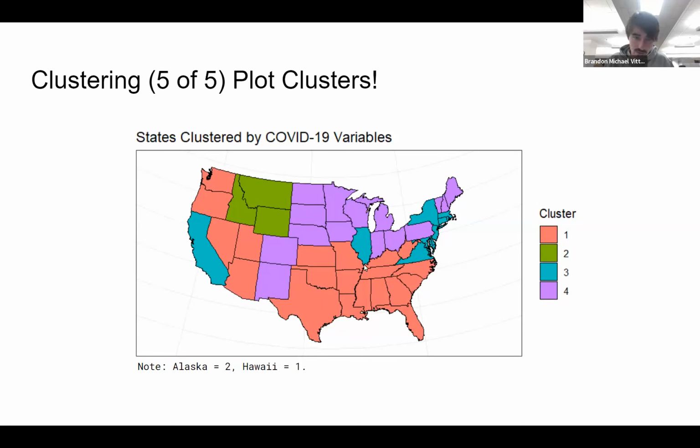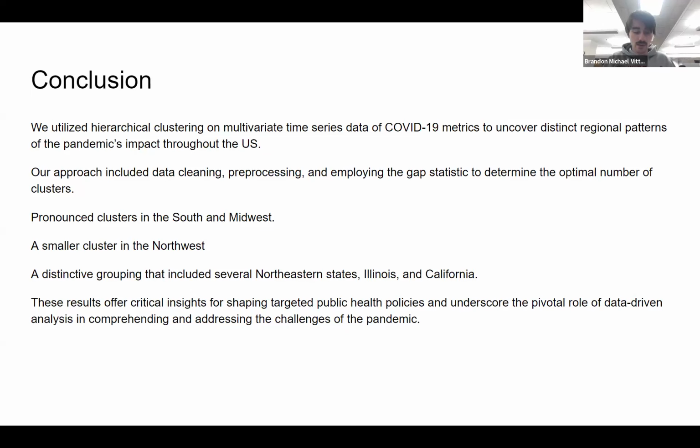Moreover, there is one small cluster here in the Northwest. Also, Alaska is a part of this small cluster here. And there is another distinct non-contiguous cluster that comprises several northeastern states, as well as Illinois and California, which reflect some of the diverse responses and outcomes to the pandemic. And that's everything that I have time for today.